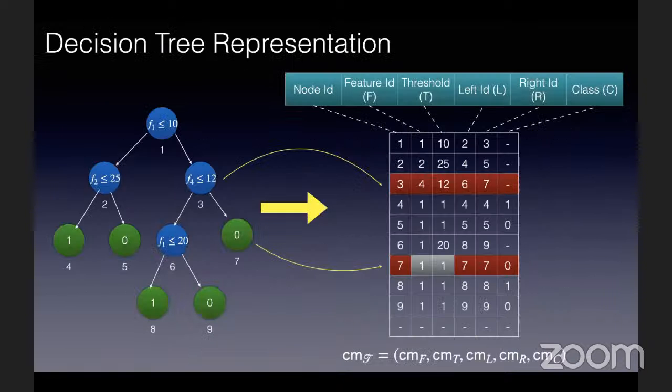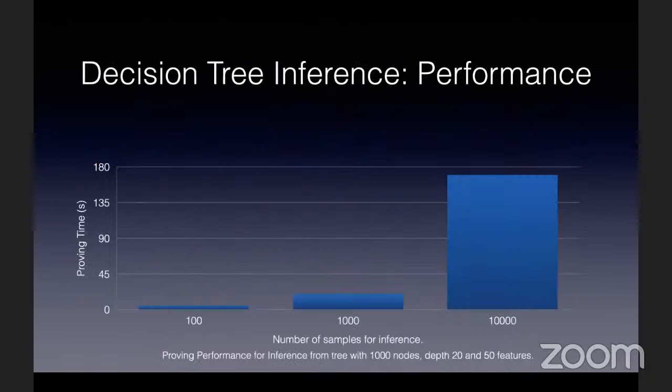I'm not going into decision trees, but essentially you can represent a decision tree as a data set, and you can hash it. What I wanted to show was how we can prove inference from a private decision tree, where we just know the hash of the decision tree.